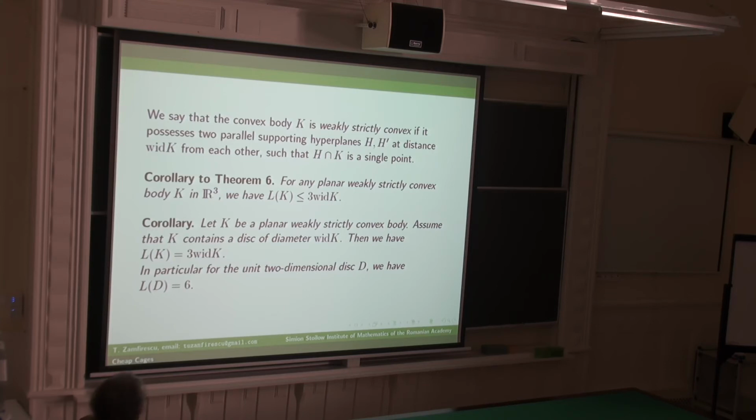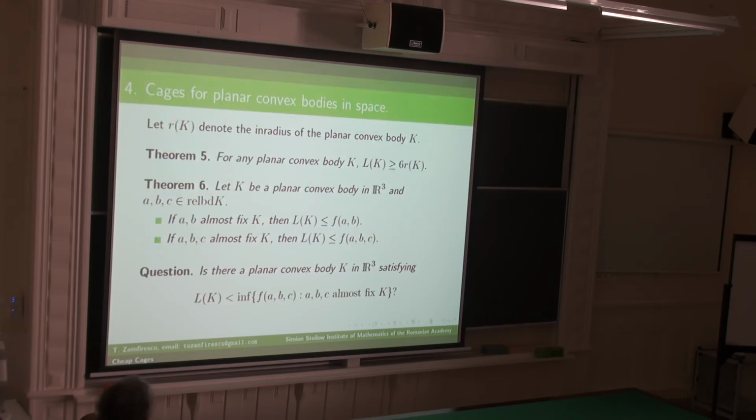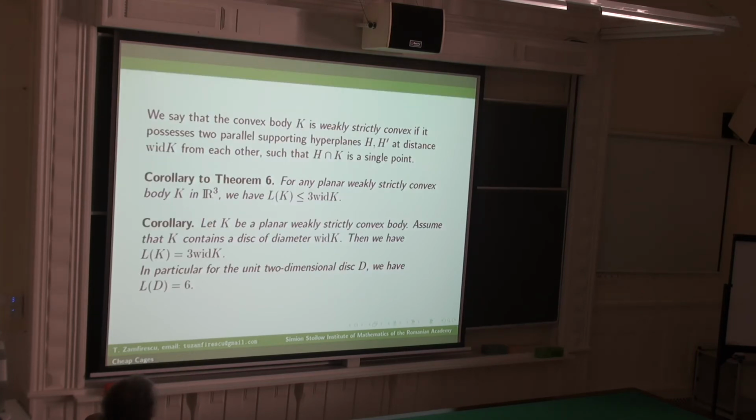So we have that L of D is indeed exactly 6. We have this inequality, but we had also the other inequality, greater or equal to 6R. From these 2 inequalities, you get the equality here.